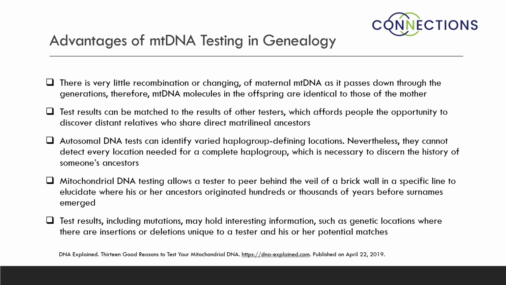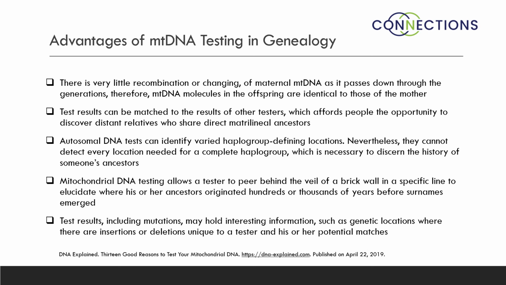Autosomal DNA tests can identify varied haplogroup defining locations. Nevertheless, they cannot detect every location needed for a complete haplogroup, which is necessary to discern the history of someone's ancestors.